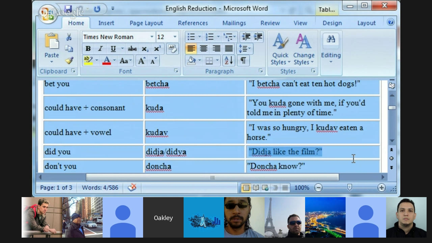Did ya? Okay. Two classes ago, talking about these reductions, we talked about joining, and how when we join D and the next sound is a Y, it makes that quick j sound. Did ya? Would ya?